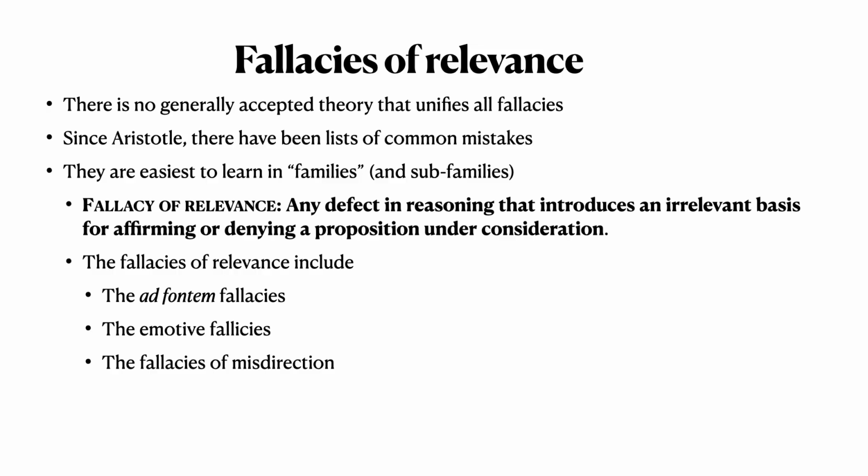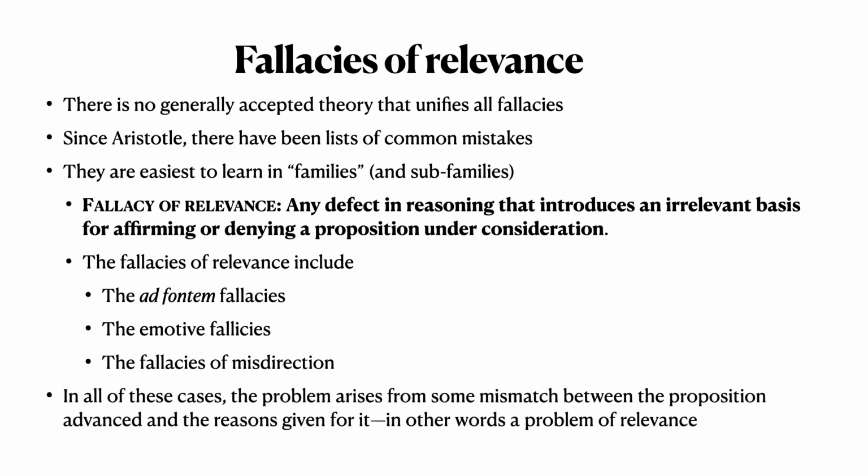And there's something that holds all of them together as fallacies of relevance, but also something that distinguishes them from each other. In all of these cases, what holds them together is that the problem is going to arise from a mismatch between whatever our intended conclusion is, the proposition that we're advancing, and the reasons given for it. In other words, it's going to be a problem of relevance.